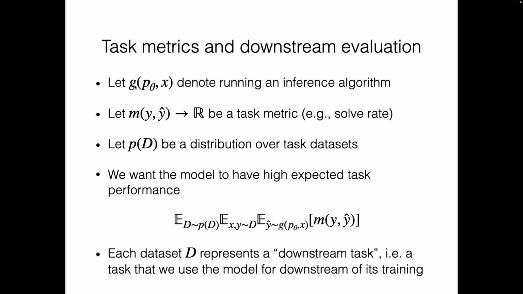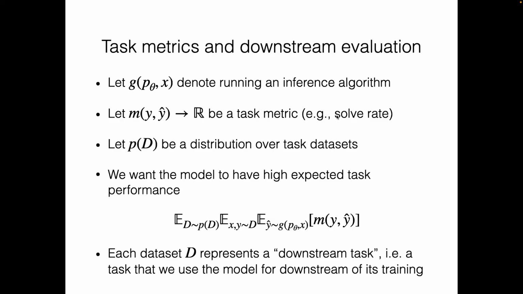This could mean just sampling from the model, or it could mean using greedy decoding, beam search, whatever you want. And then here we have some task metric, which we'll denote as M. In general, this could take in other stuff, but you can imagine it taking in some target solution that you have, as well as your prediction. We'll denote the predictions as Y hat.